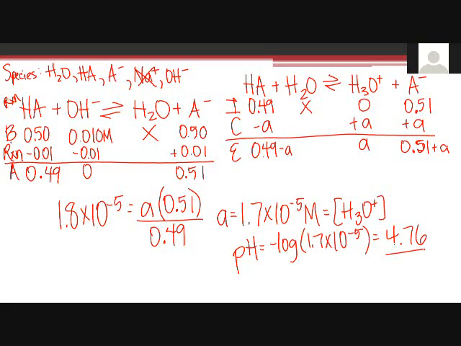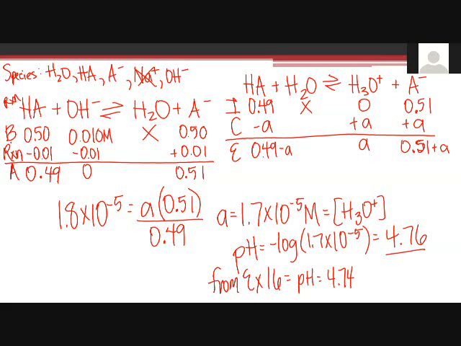From example 16, we got that the pH was 4.74. So the pH of the buffered solution, once everything was all mixed together, was 4.74.